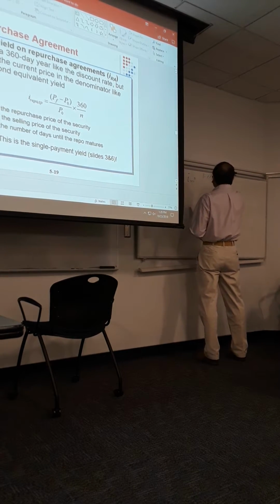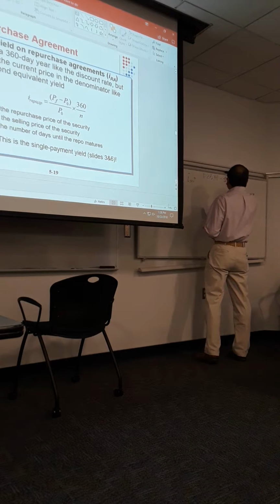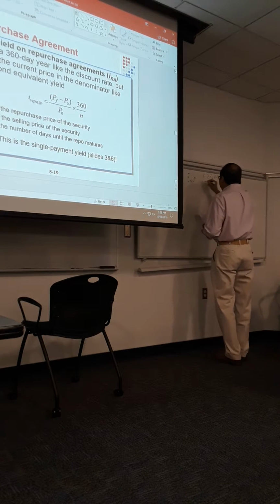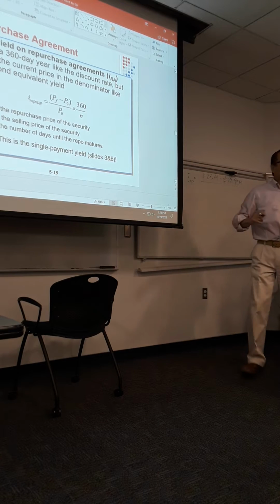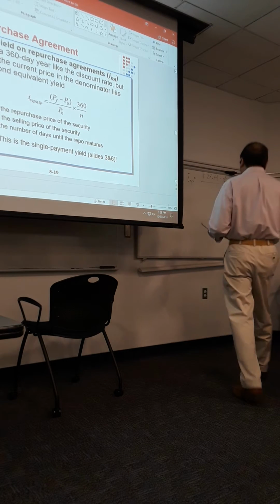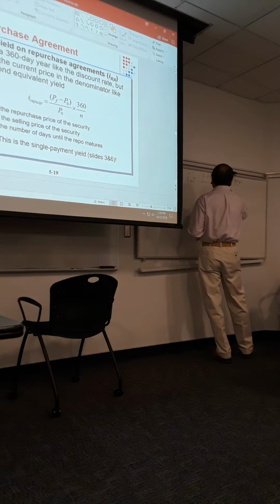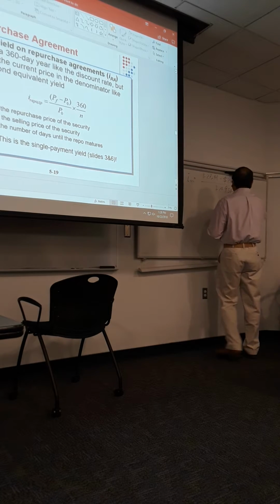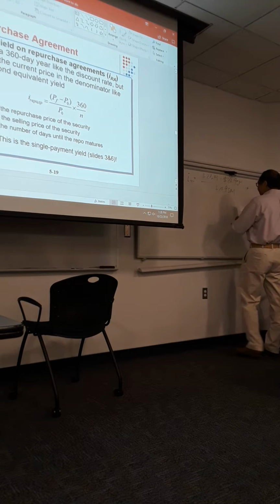What we see here is 25 million minus 24.95 million, divided by what? For the ISP, the denominator is P0, versus a bank discount yield where it is PF. Remember that? So here it is 24.95 million times what? 360 over 7.